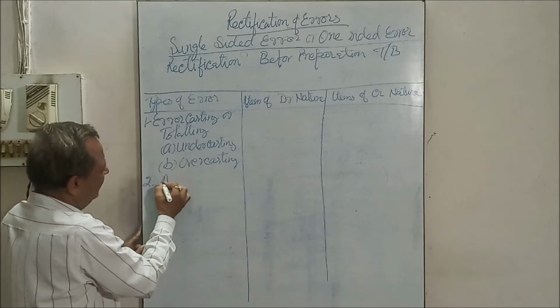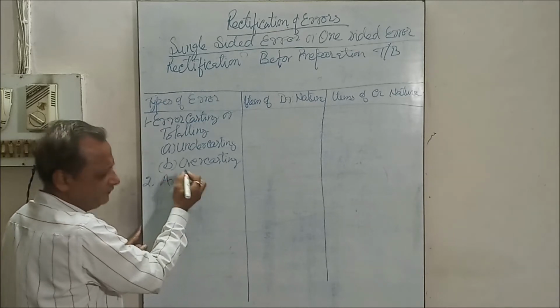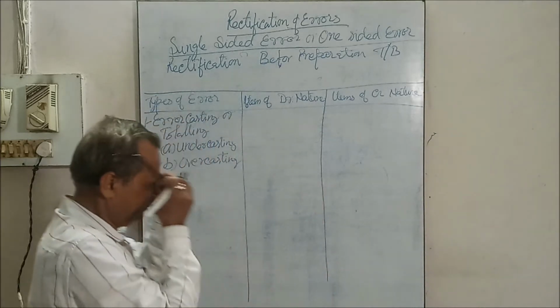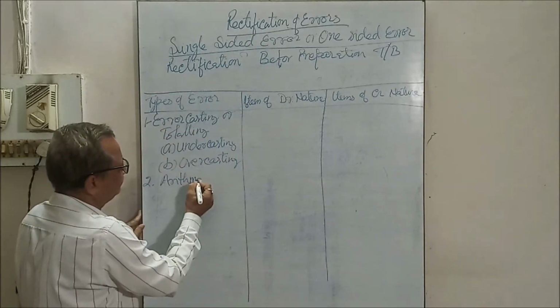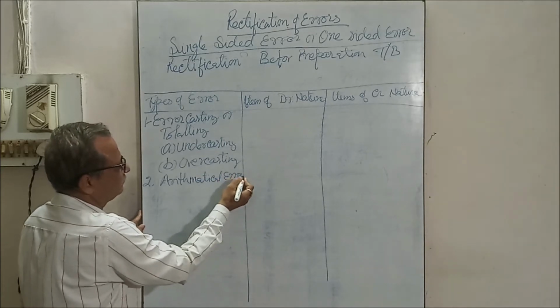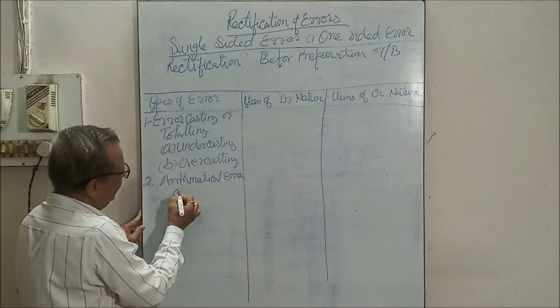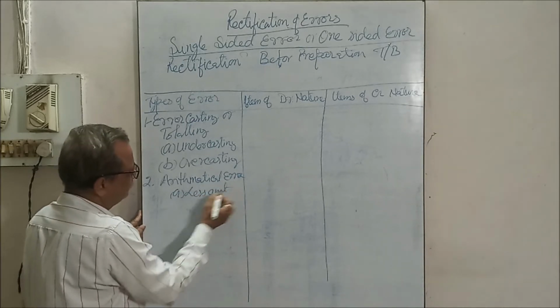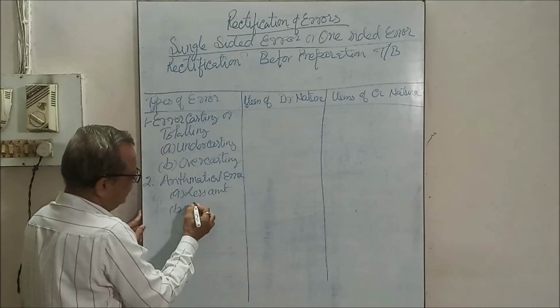Second, arithmetical error: A, less amount, B, excess amount.